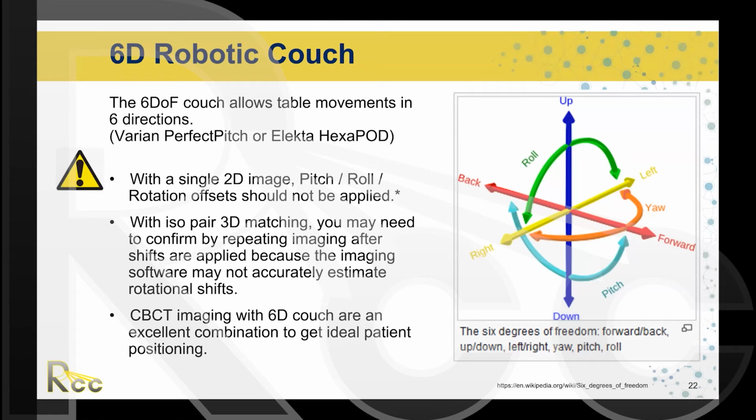If something says that you should re-image the patient and look at your shifts again, the great thing about using these electronic images is that it can be quite quick to do that, and it's easy to program them back into a treatment session to get those images.